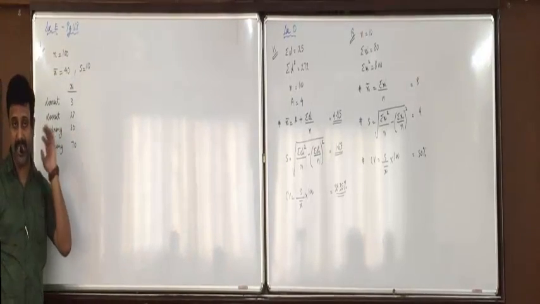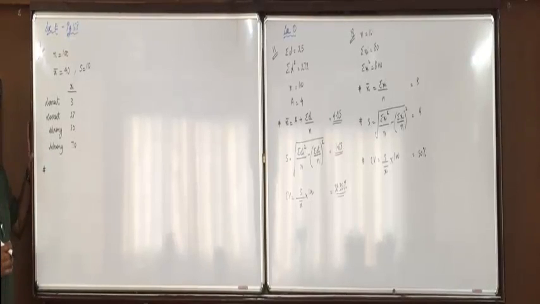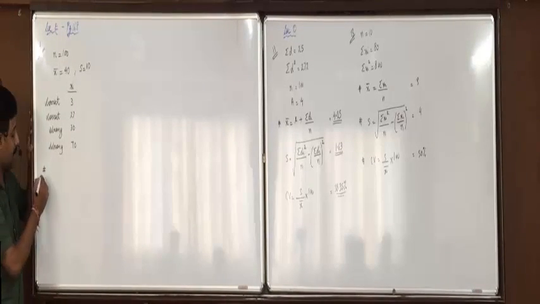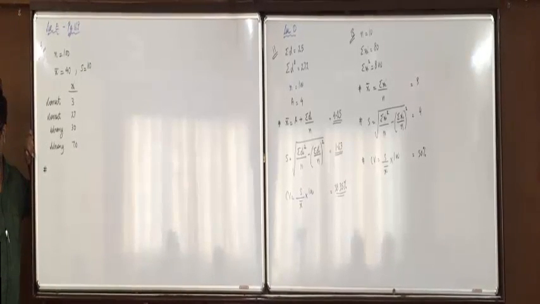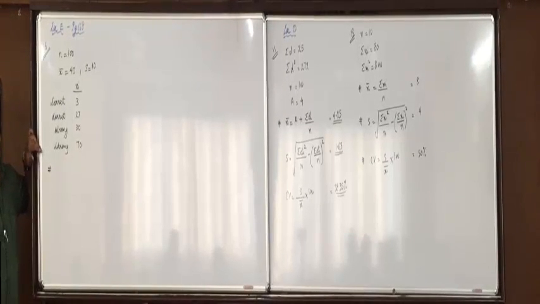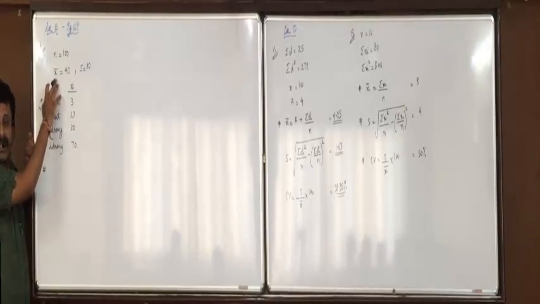For corrected mean, what was the first step we did? X bar is equal to sigma xi upon n. So from that we'll find sigma x. Applying the formula of x bar, first we'll get sigma x.